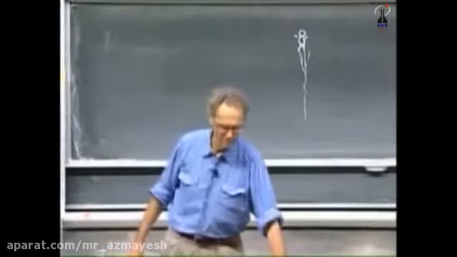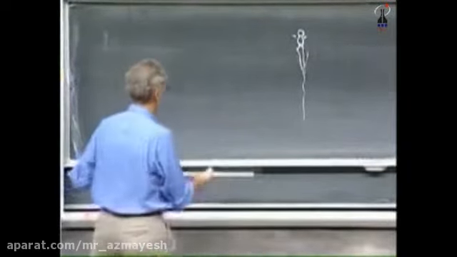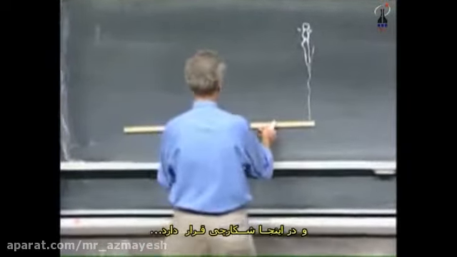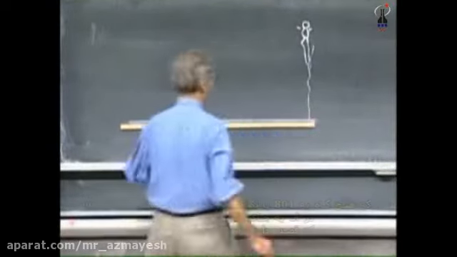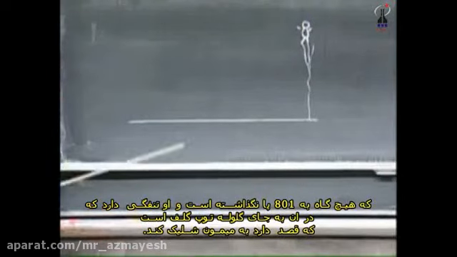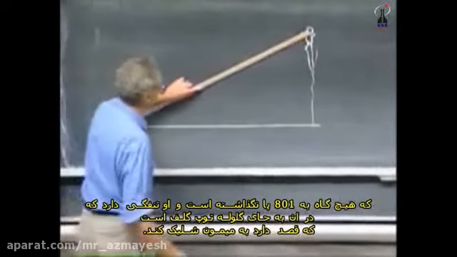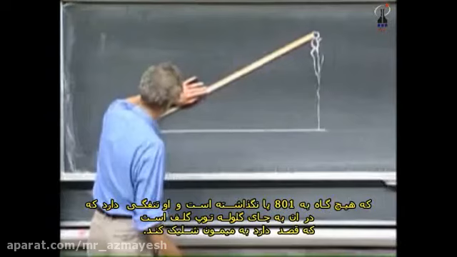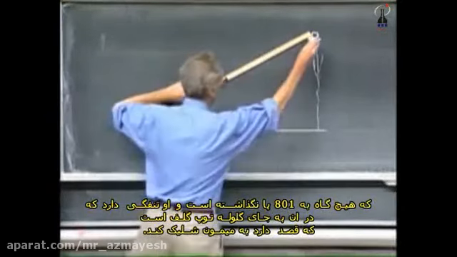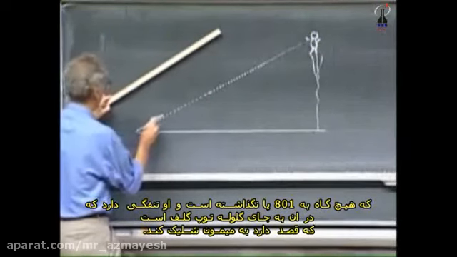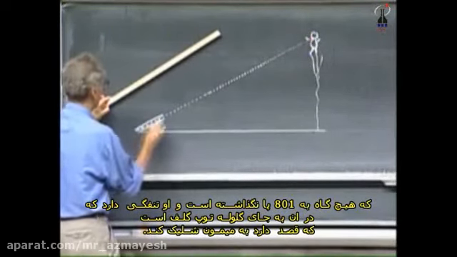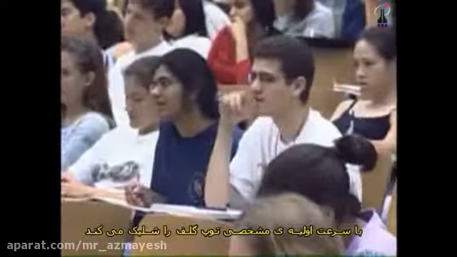Very happy. And here is a hunter who never took 801, and he has a gun which is a golf ball gun, and he aims that gun right at the monkey.